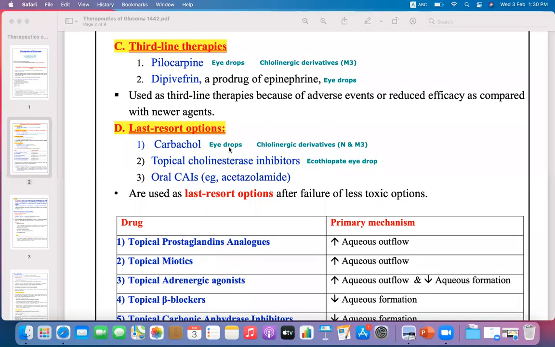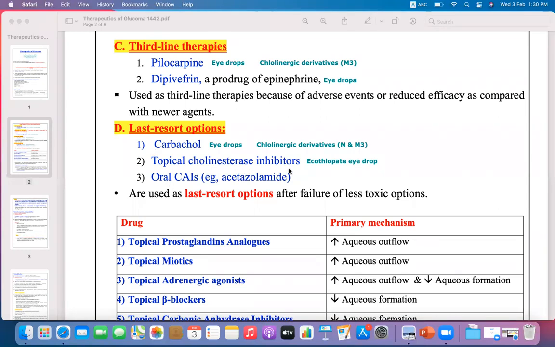And in the previous session, we discussed how we can differentiate between pilocarpine and carbachol. There is one test, eyelid twitches. With carbachol the eyelid twitches are present due to activation of the nicotinic receptor, while with pilocarpine the eyelid twitches are absent, and both drugs cause miosis.